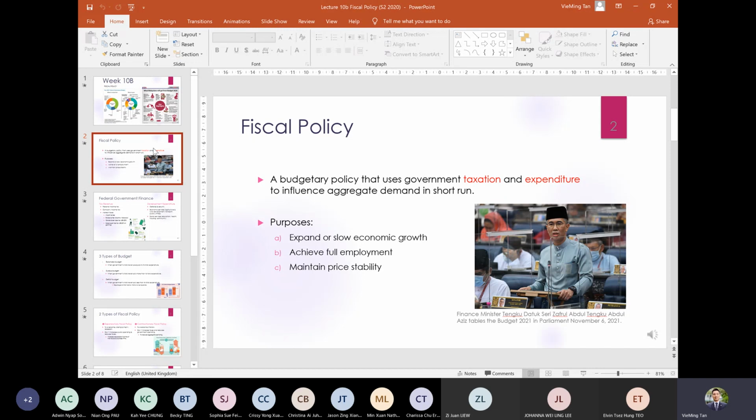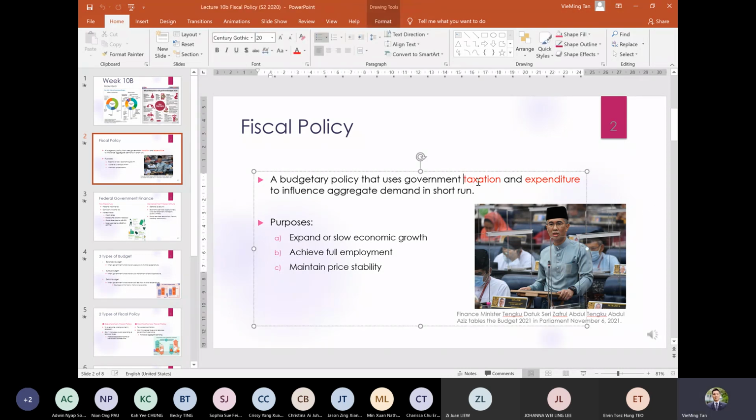So how can these two tools, taxation and expenditure, influence the AD? How to do so? When the government is able to control the taxation and also the expenditure, this can help to expand or slow down the economic growth. Besides that, it can also help to achieve full employment, which means reducing the unemployment rate.